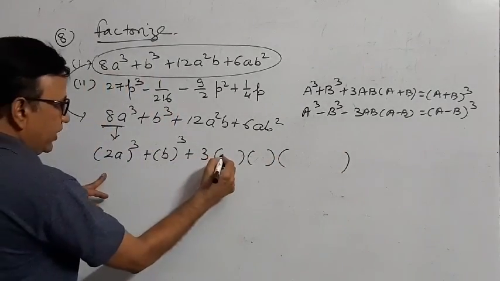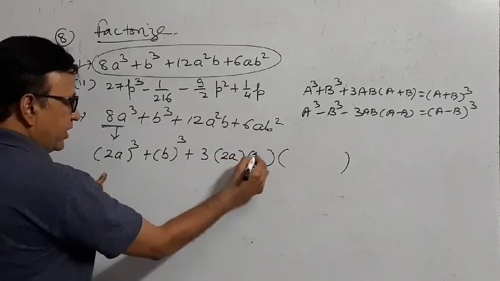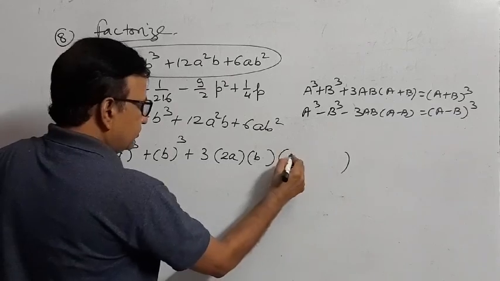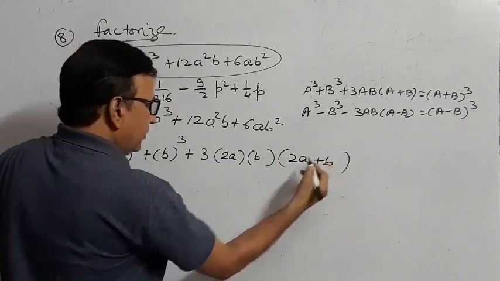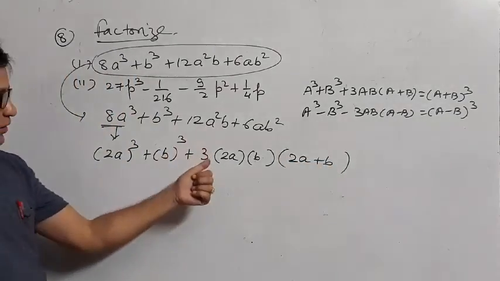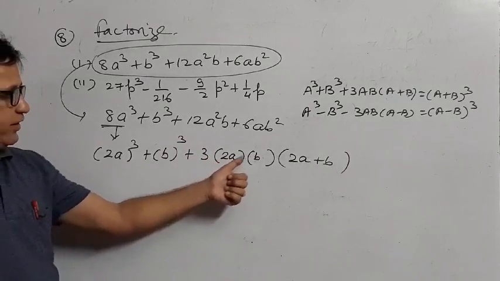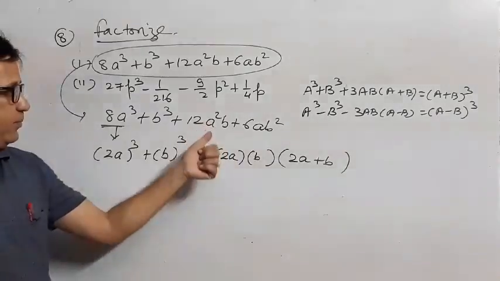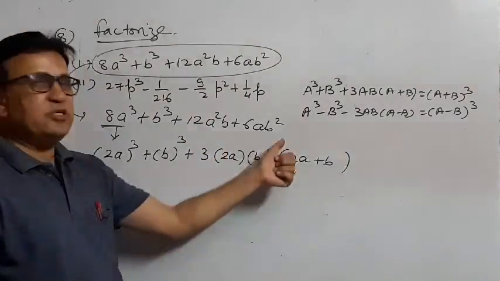A means 2a, and b, and here 2a plus b. It will become automatically 6a square b. 2 times 3 are 6, 6 times 2 are 12a square b, and here 6ab square.